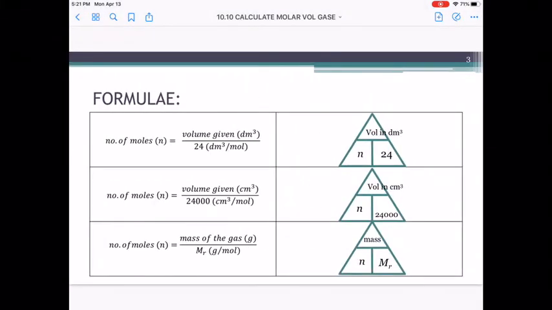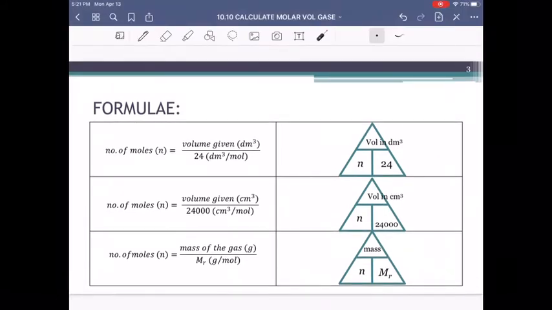So this is the formula. Formulae is the plural, yeah. This formula is found behind your periodic table, on the page behind it.